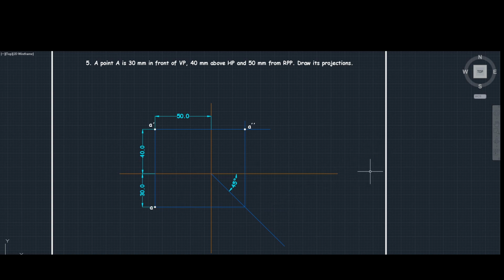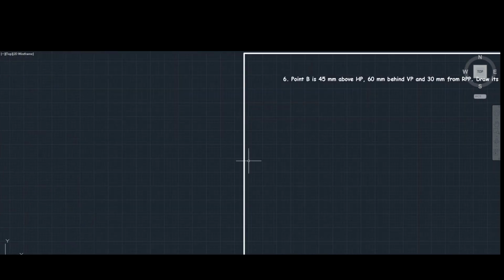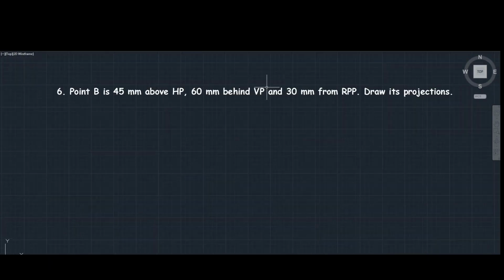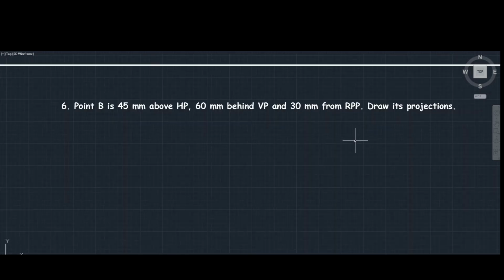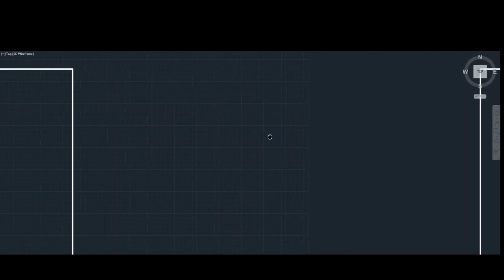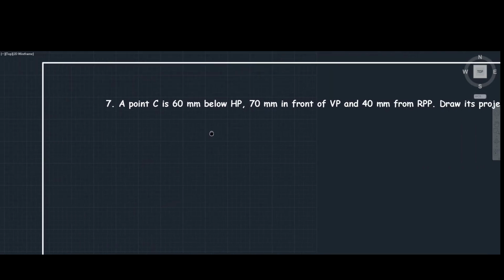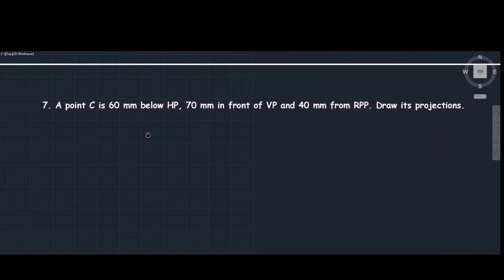So there are similar problems here. Point is placed in each one of these quadrants. This is 5. This is problem 6. Then this is problem 7.